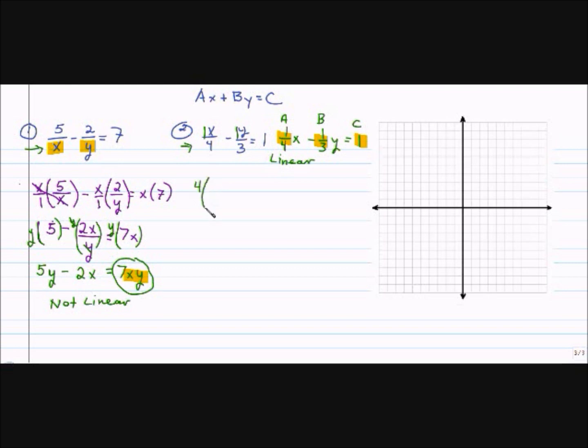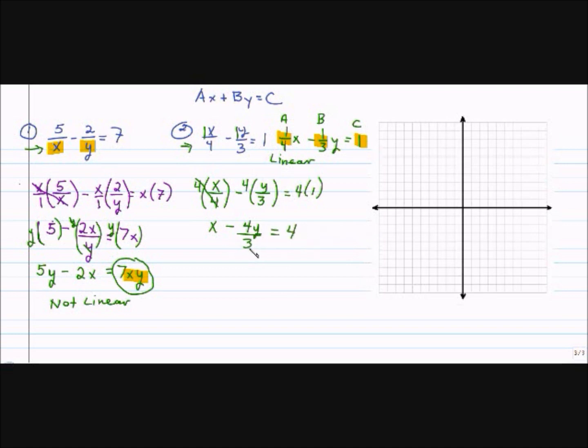If I multiply everything by the 4 first, equals 4 times 1. My 4's cancel out, giving me x minus 4 times y is 4y. I'm just multiplying the numerators and then multiplying the denominators, equals 4.